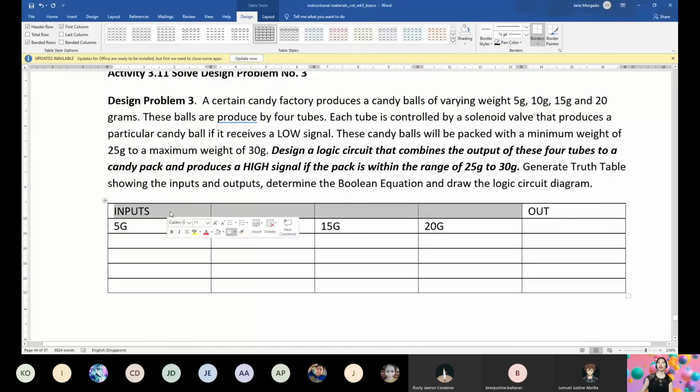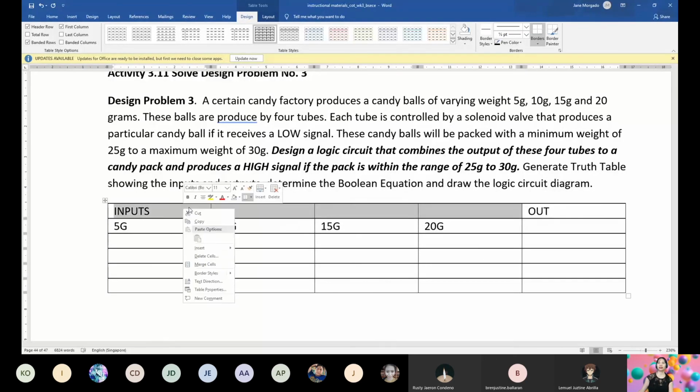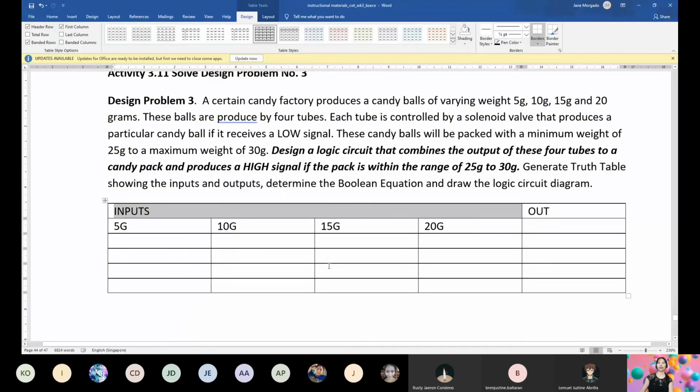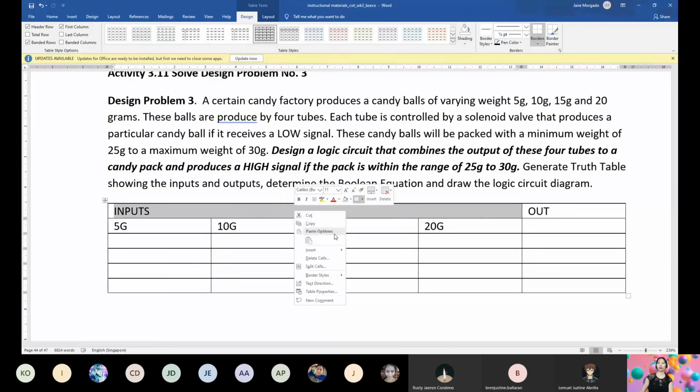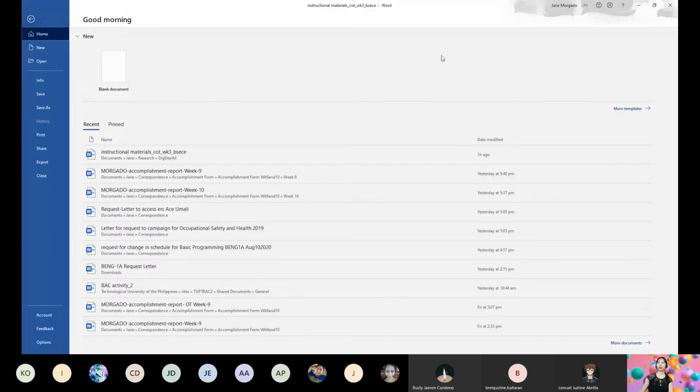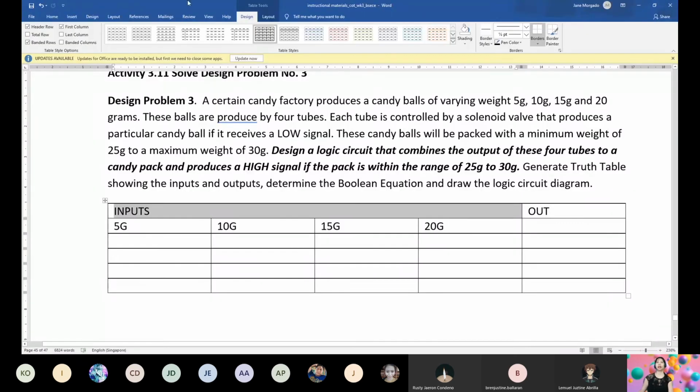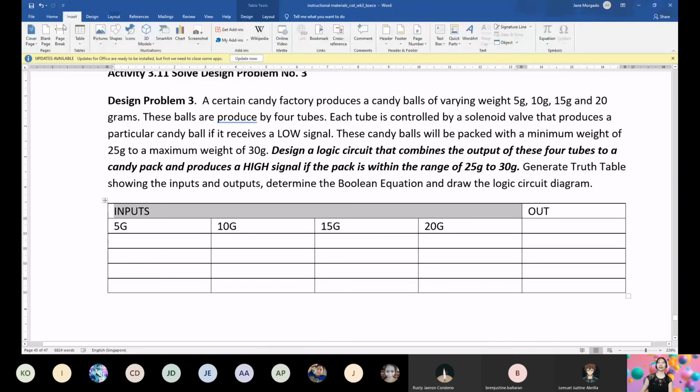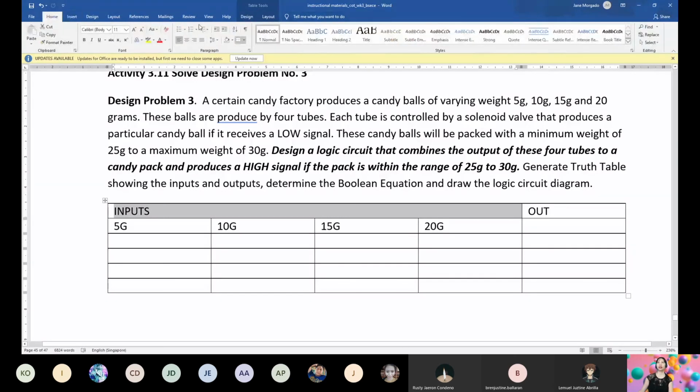Okay. Ayan. Nakakalito talaga ito. But you have to familiarize yourself. Starting from now, mag-analyze na talaga kayo ng mga problem. Opo.